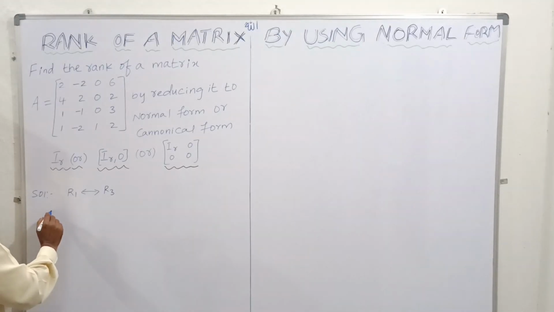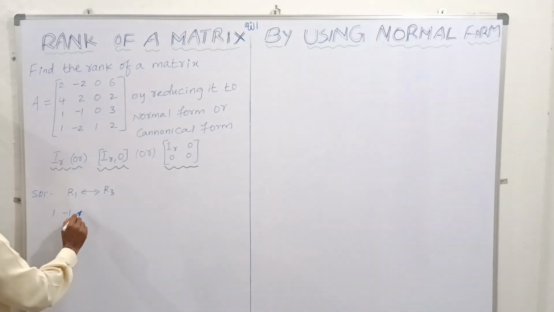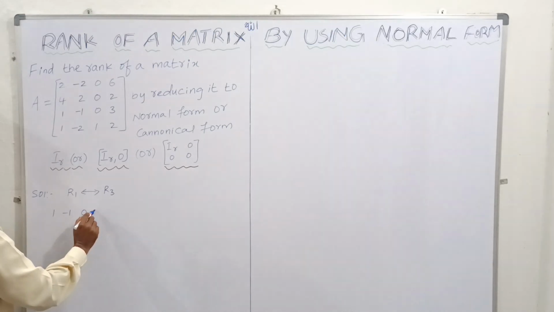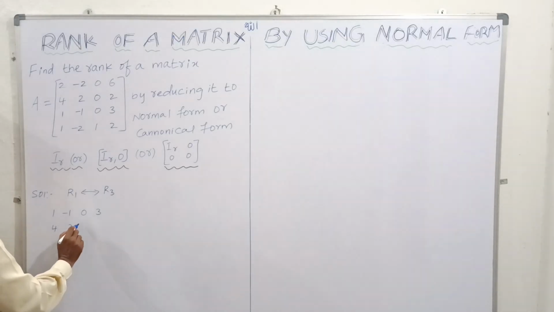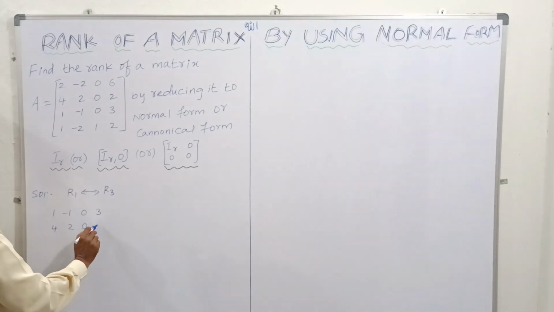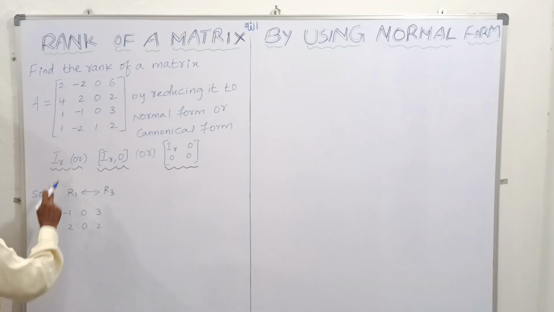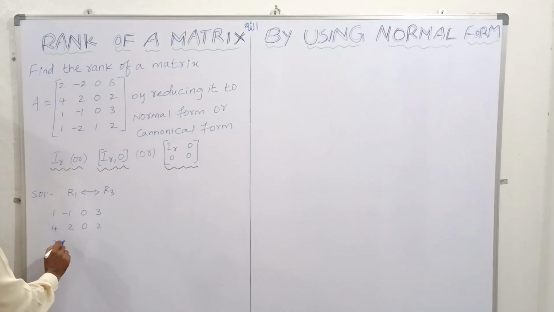Okay, so therefore the matrix is reduced as 1, minus 1, 0, 3. The second row is the same, no change: 4, 2, 0, 2. The third row is replaced with the first row, so it becomes 2, minus 2, 0, 6.